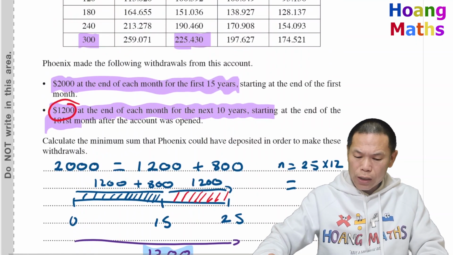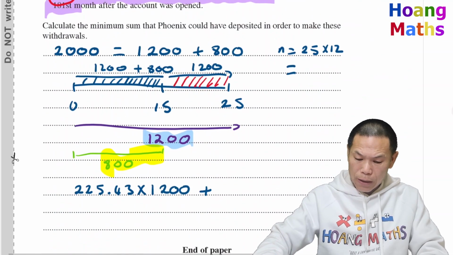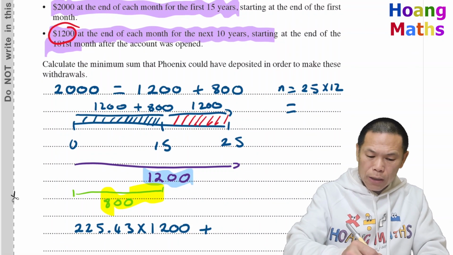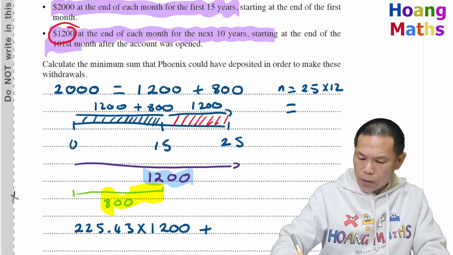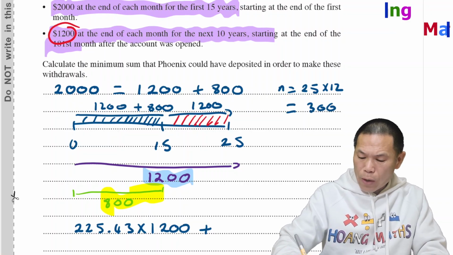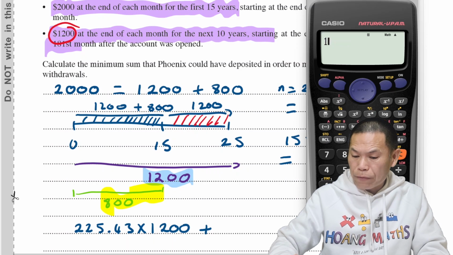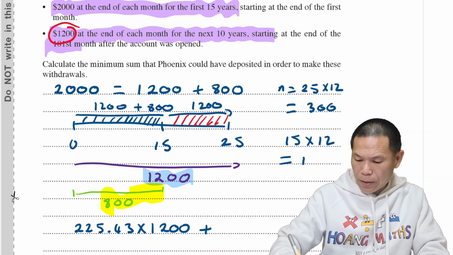For how many years? For 15 years. We need to work this out: for the next one it's 15 years, we times 12, 15 times 12 is 180.